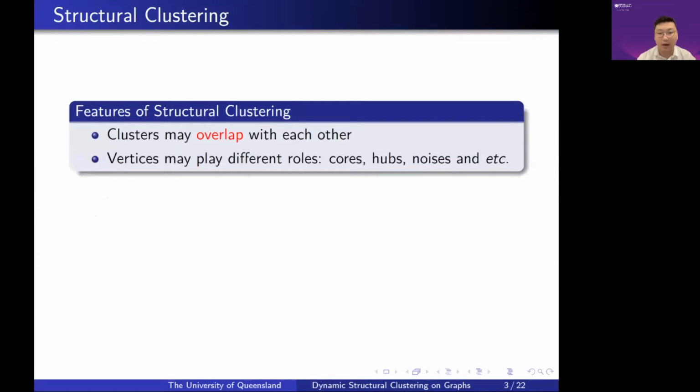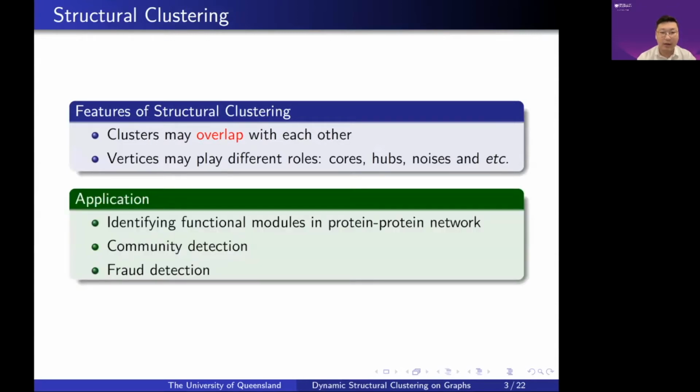Some are cores, hubs, noises, etc. In a protein-protein network, structural clustering can be used to identify functional modules. It can also be used to detect communities in social networks. And since some vertices may be noises in the graph, it can also be utilized to detect noise.